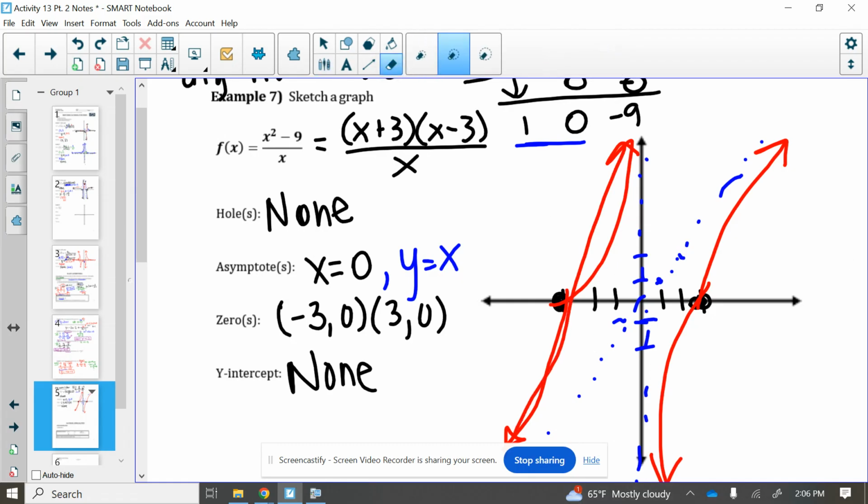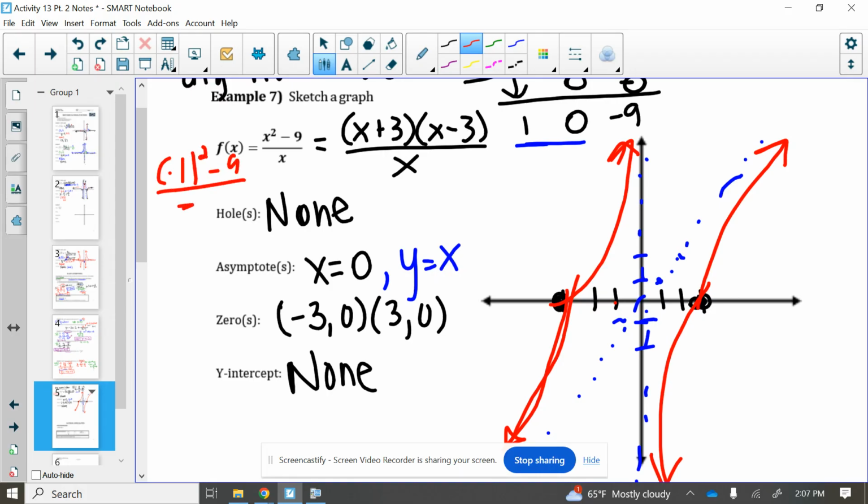And again, we can plug in some test points if we're really not sure. For instance, if I want to plug in -1, -1 squared minus 9 all over -1, well, we would have -8 divided by -1. So -1 comma positive 8 would be our answer there.